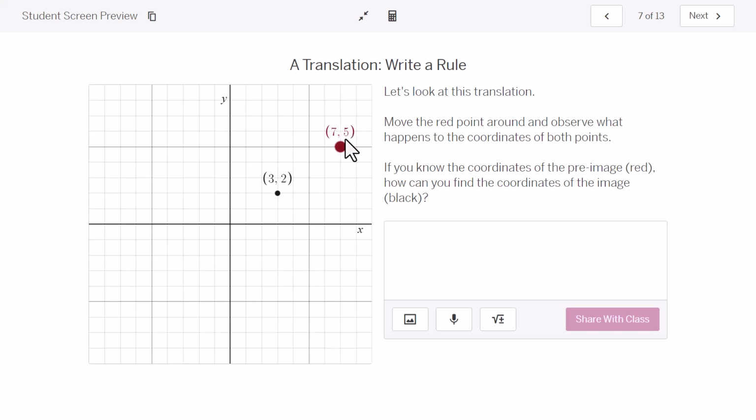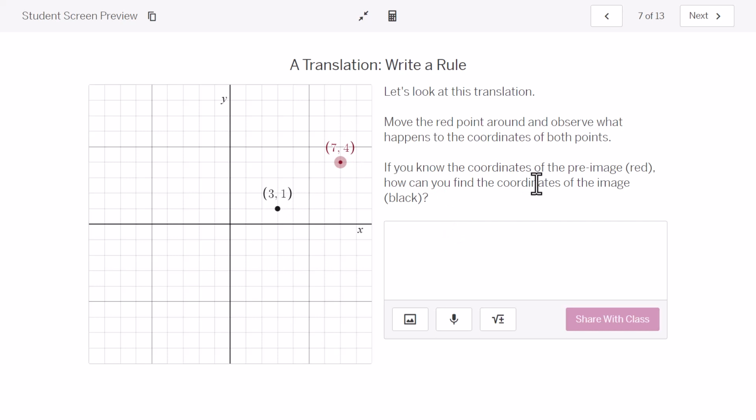And what do I notice about this second number, the y value? I have 5 and 2. 5 and 2. Let's see, move it up and down. 7 and 4. 1 and -2. It looks like these are always 3 apart. So this number is always 3 more than this number.